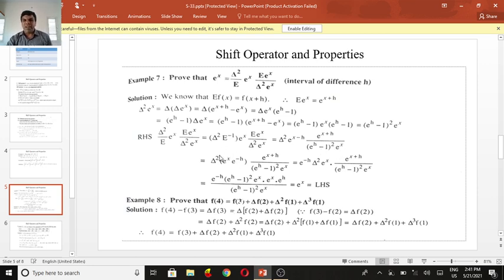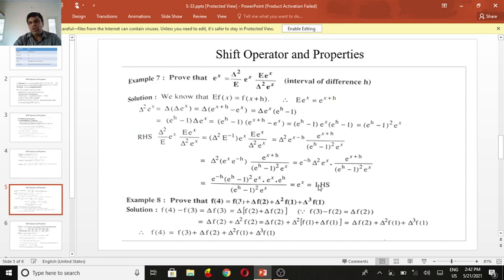Totally simplifying, we get e^(−h) e^(x+h) divided by (e^h − 1)² e^x. Simplifying further, we get e^(−h) (e^h − 1)² e^x e^x e^h divided by (e^h)² e^x. Here the square terms get cancelled, e^h and e^(−h) cancel, and e^x into e^x divided by e^x, one e^x cancels, we get e^x.